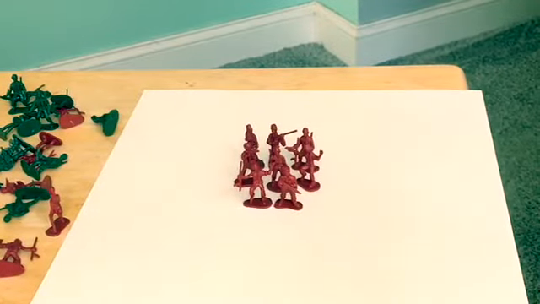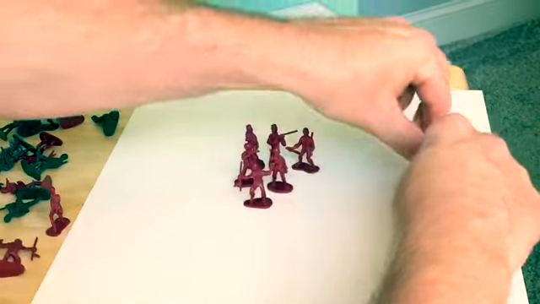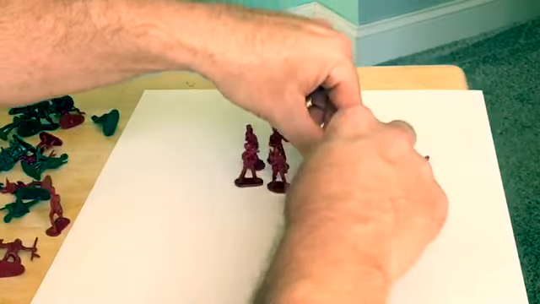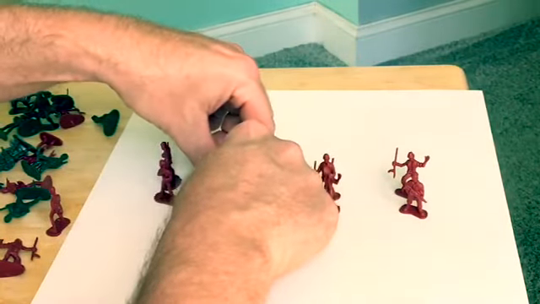This time, I'm beginning with 8 negative soldiers. So I'll start with negative 8. I want to take those 8 negative soldiers and divide them up into 4 positive groups. So negative 8 soldiers divided into 4 positive groups. There's 1 group, 2 groups, 3 groups, 4 groups.